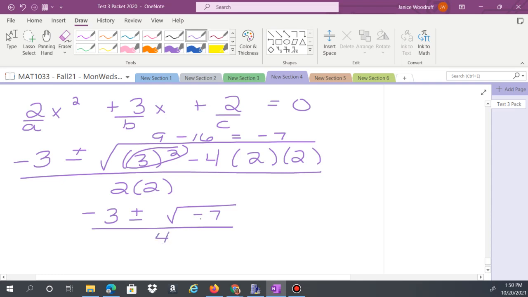What do I do with that negative? Can I simplify that any further? Nope. I'm done. Okay, and in this case with the i, what we would say is this is two imaginary solutions. You have the i in the solutions.